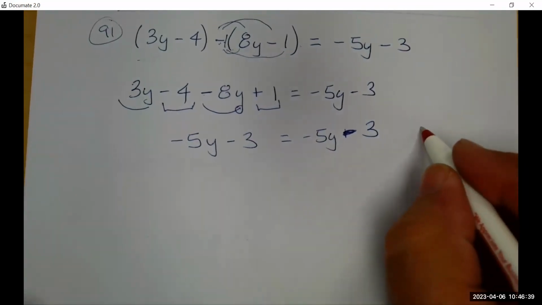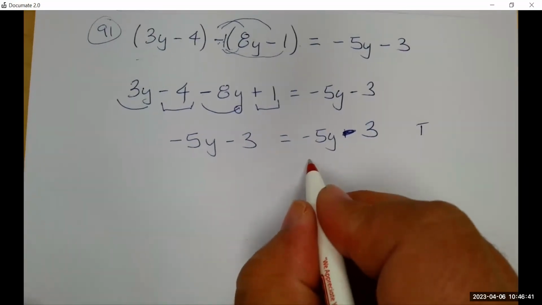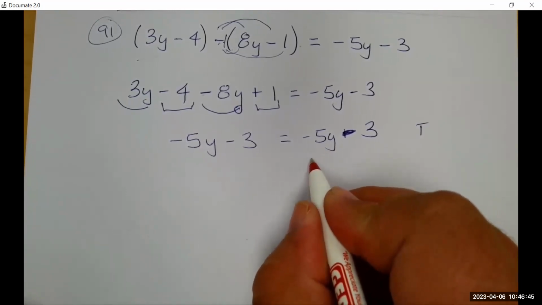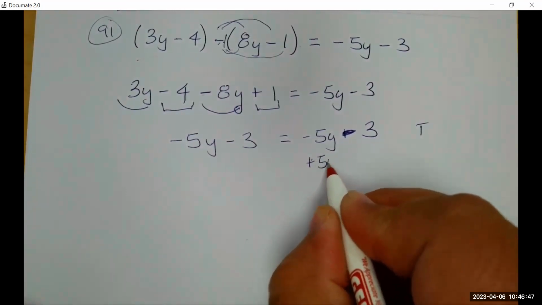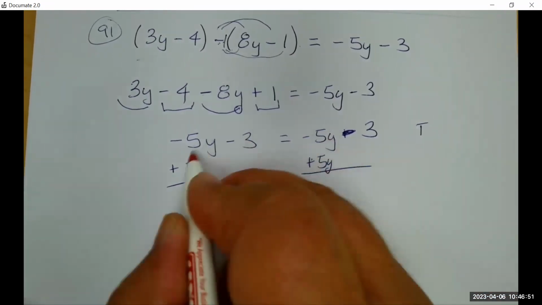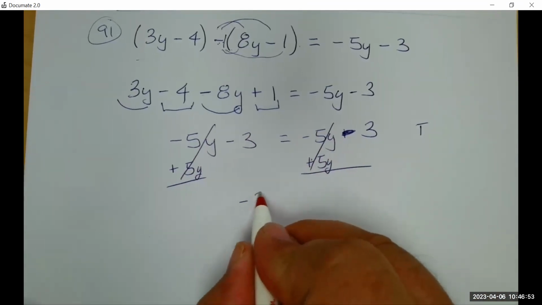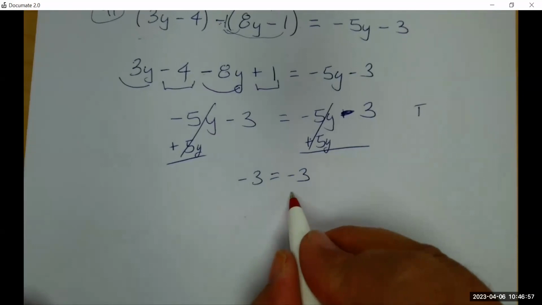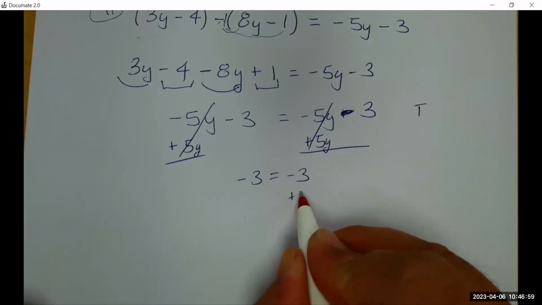If you still kept going, we have to bring it to positive 5y on both sides, right? So those cancel. 3, make it a positive.